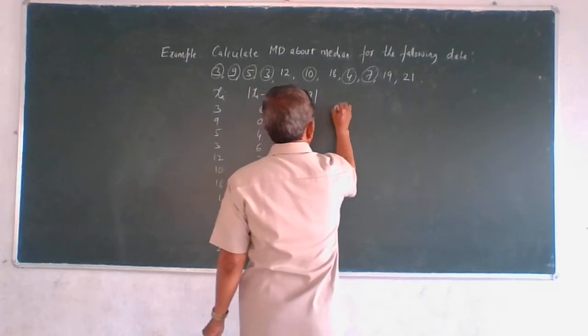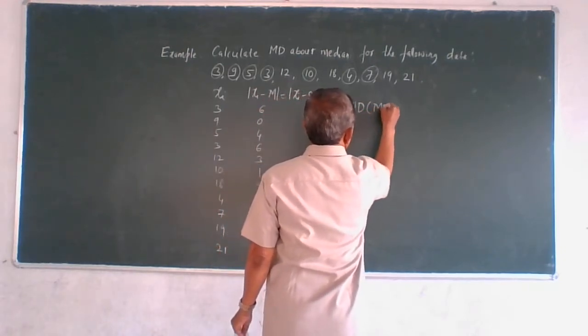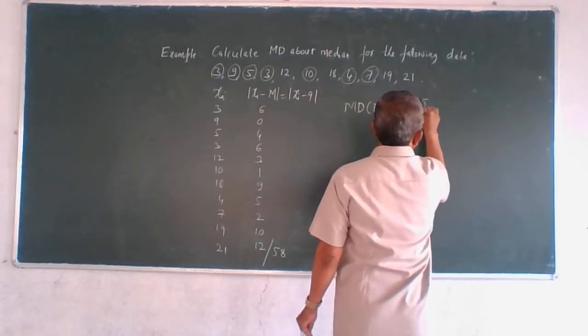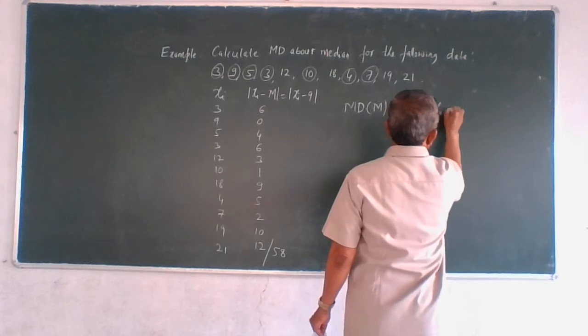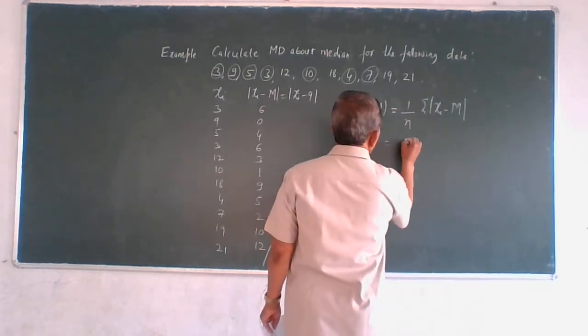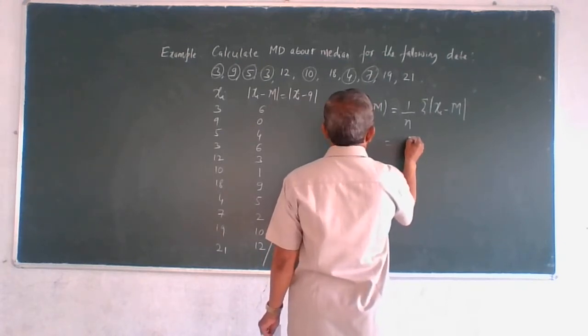So what is the mean deviation now? Mean deviation about median is equal to, the formula is 1 upon n summation modulus of xi minus m. n, the number of observations, is 11.